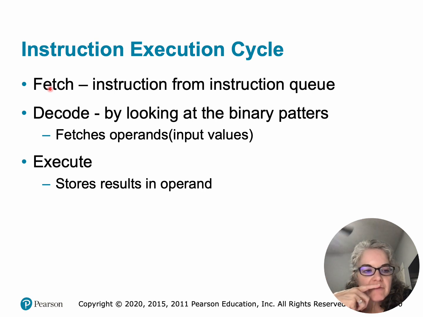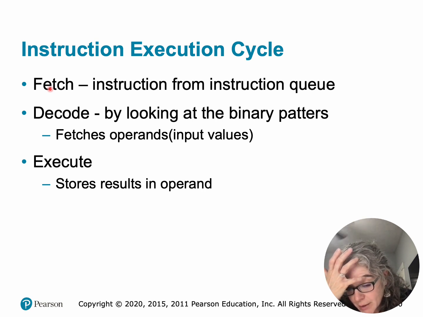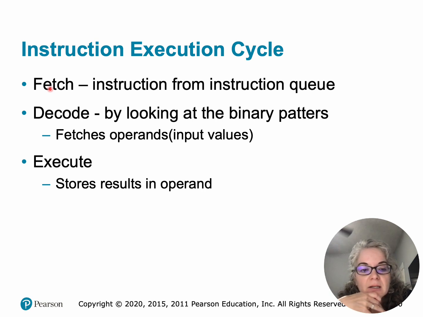So we fetch that instruction, and then the CPU decodes the instruction by looking at the binary patterns. If the instruction includes an operand, like an input value, remember operands are like, if you say A plus B, A is an operand and B is an operand. If it involves input values, then it fetches those values, and then it executes whatever the instruction is.